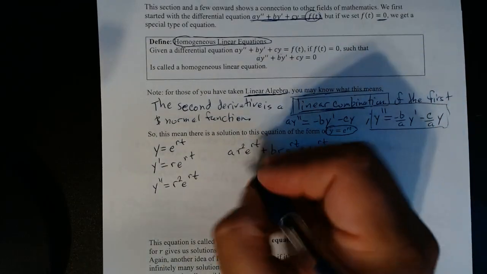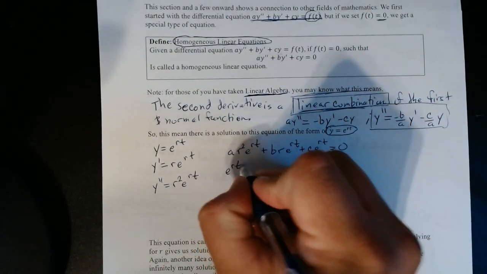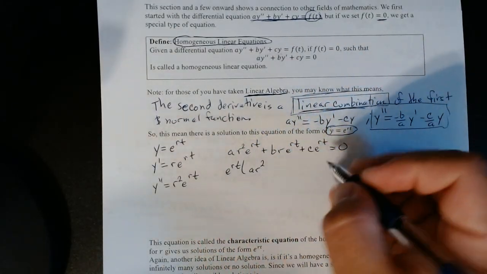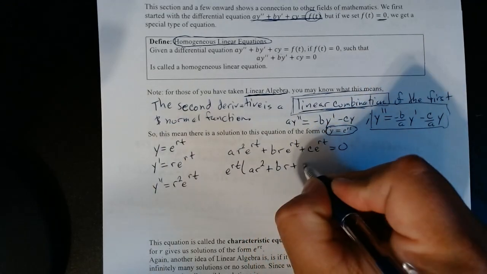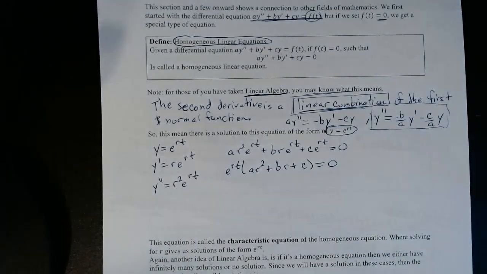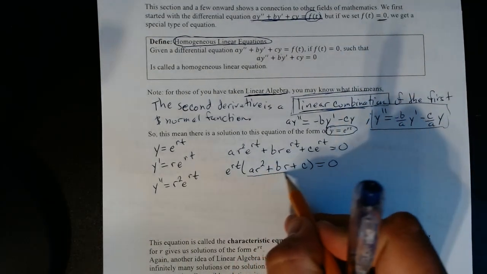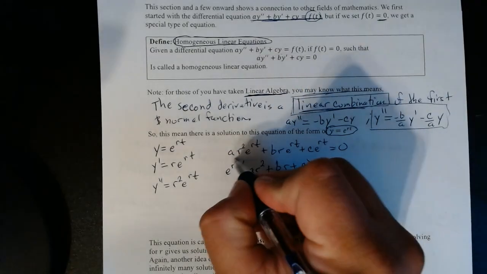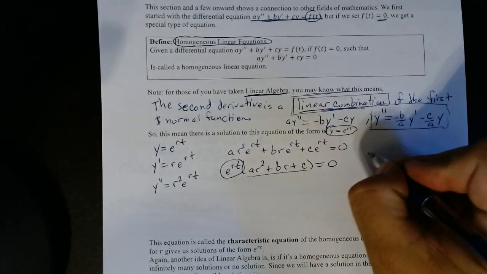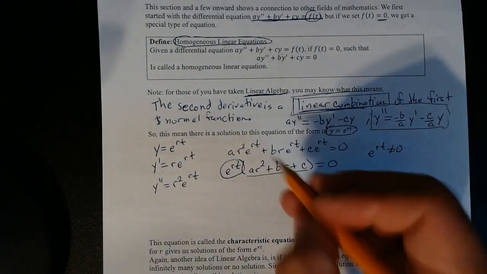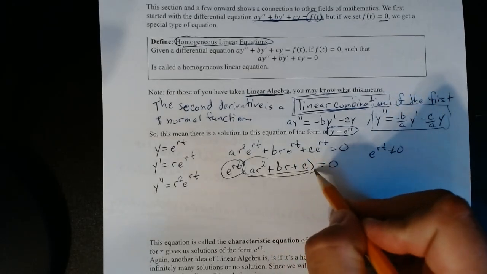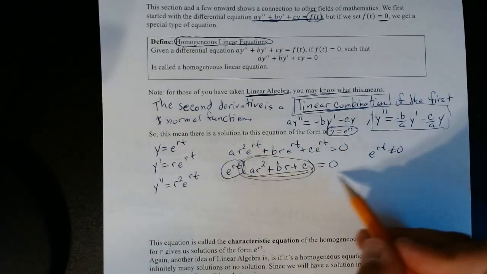Now if I factor out e to the rt, I get a nice quadratic equation. The nice thing is e to the rt is never 0, because it's an exponential. So what makes this true is the quadratic, which is what I'm actually setting equal to 0.